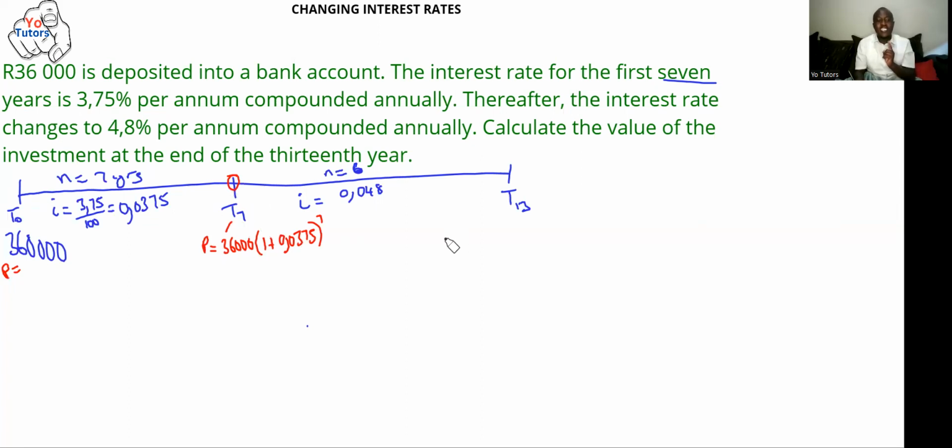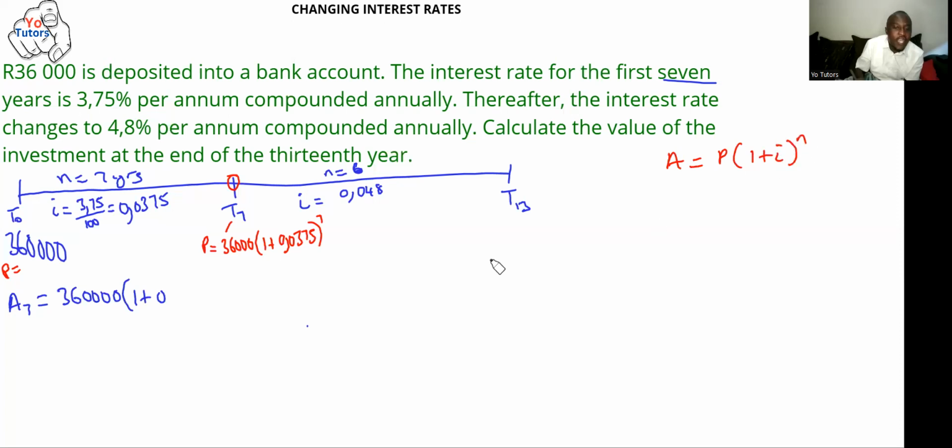So what we need to understand is that we have to calculate first the accumulated amount after 7 years. We say 360,000 times 1 plus i, using the compound formula, to the power of n, which is 0.0375 to the power of 7.